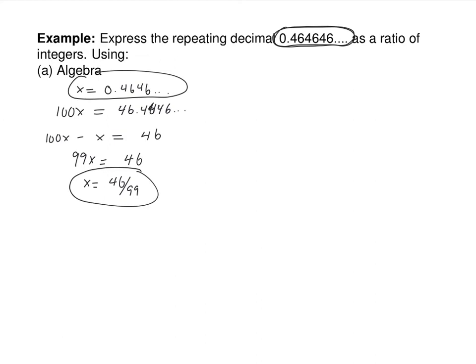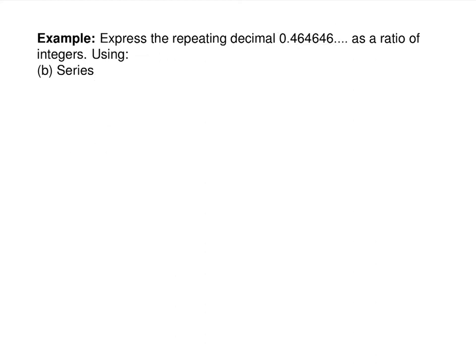Now another way is to use a geometric series. It's a little bit more complicated, but I think it's important to see how this relates to the idea we're discussing. So how you can think about this as a geometric series is you can think about 0.464646, etc. first as 46 over 100. That's what those first two places are.